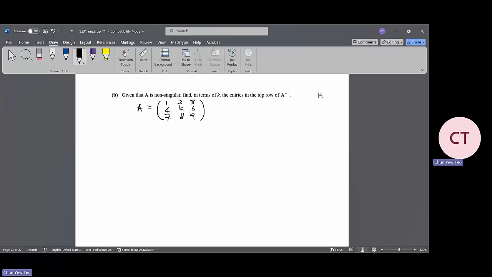So first of all, we find the determinant of A, which is negative 12k plus 60 from just now, in part A. You can see that actually they have a common factor. You can take the 12 out, you have 5 minus k. So we need to find the transpose. So for the first element, it will be 1 over the determinant.